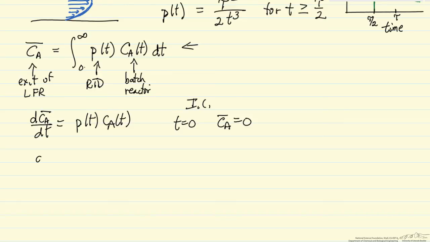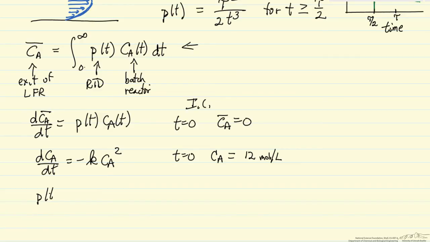And then we need the batch reactor equation for the concentration, and it's second order, minus k times concentration of A to the second power. We also need initial conditions for this, and that's that Ca is equal to 12, which is given in our problem statement, 12 moles per liter. Then, of course, we have to solve these equations.